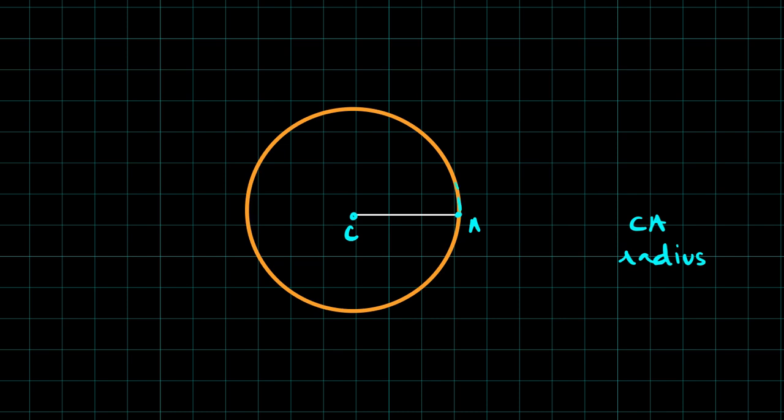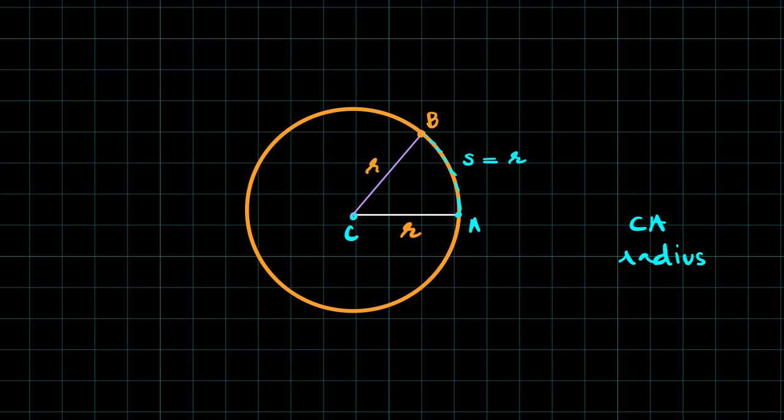Let me draw a line on the circumference which is called an arc, and let me join again from the center till this point. That's another radius. What if I say that CA is the radius and this point is marked as B, CB is the radius, and this arc length which is denoted by S, this equals the radius.